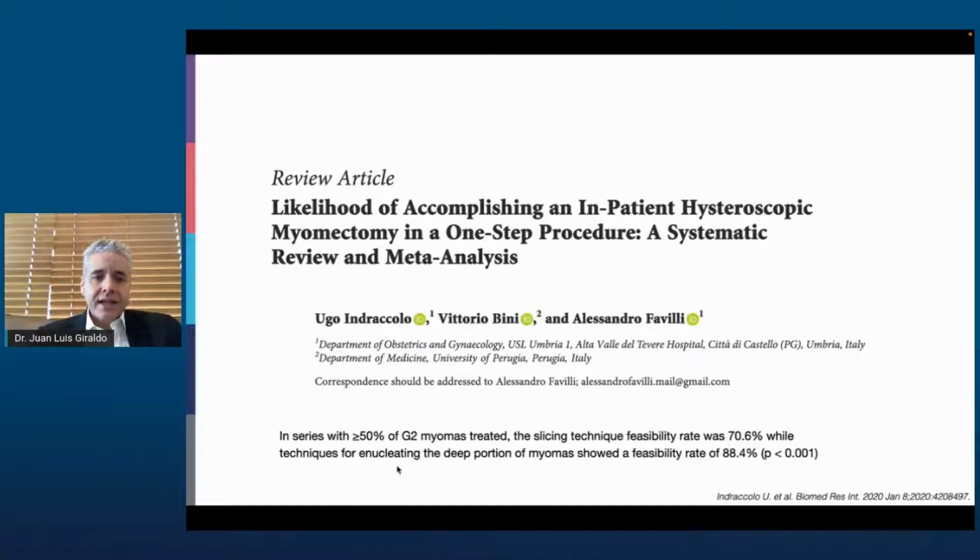Meanwhile, the techniques that included enucleation of the deep portion of fibroids showed that myomectomy could be completed in a one-step procedure in 88% of the patients.